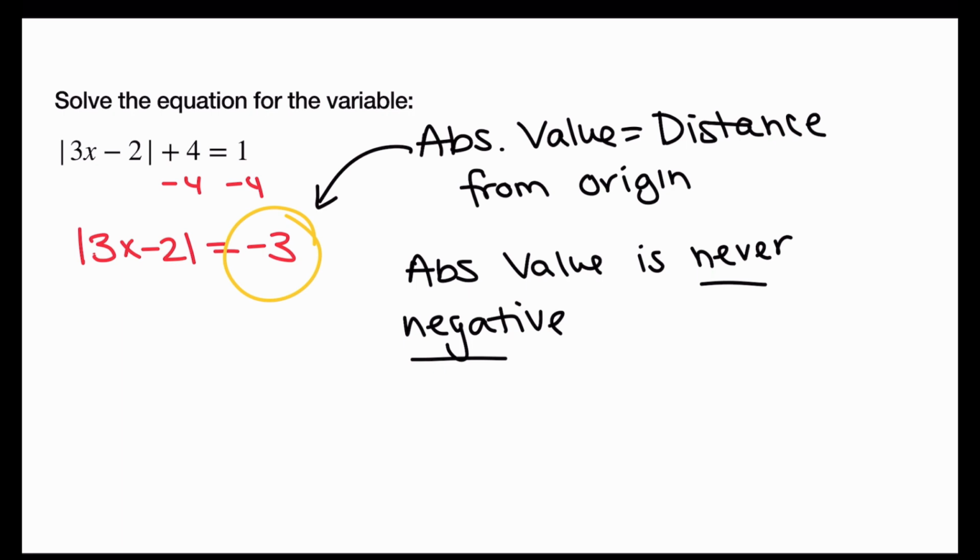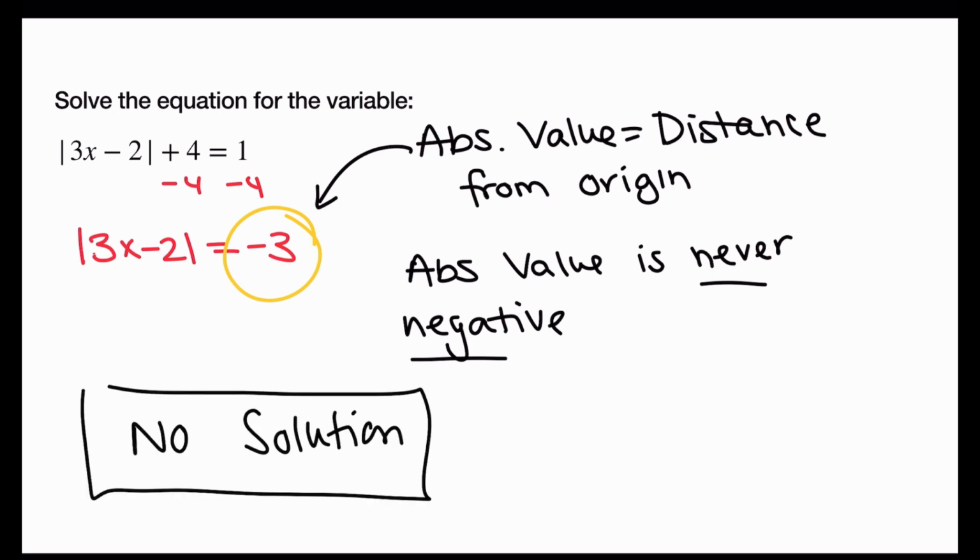Absolute values are always positive or possibly 0. Absolute value is never negative. So because my equation has an absolute value equal a negative, that means there's no solution. I don't have to do any other work here. Anytime you get absolute value equals a negative, your equation has no solution because absolute value is never negative.